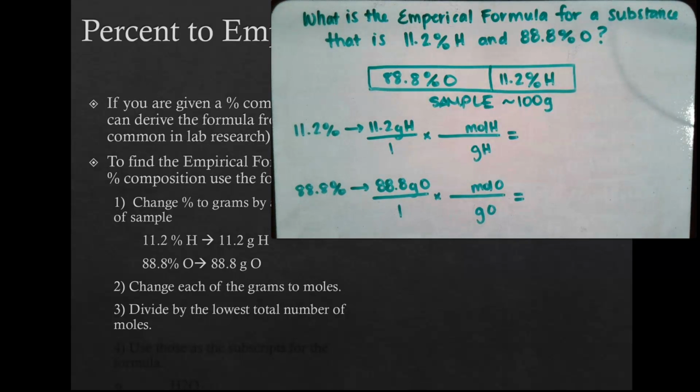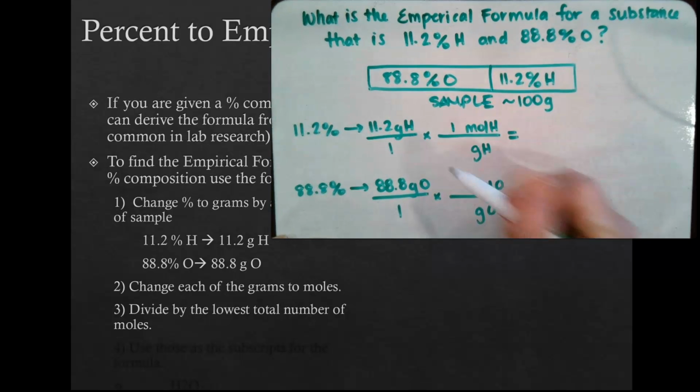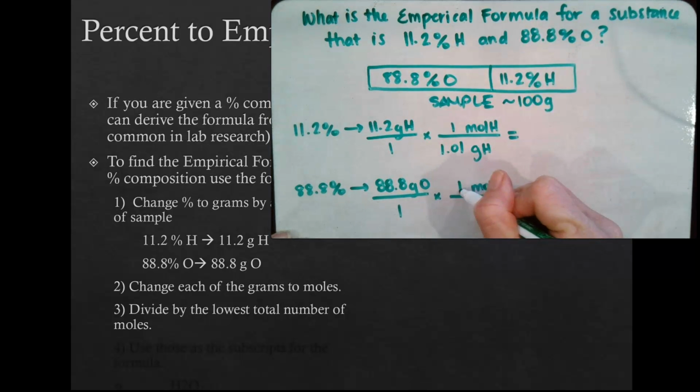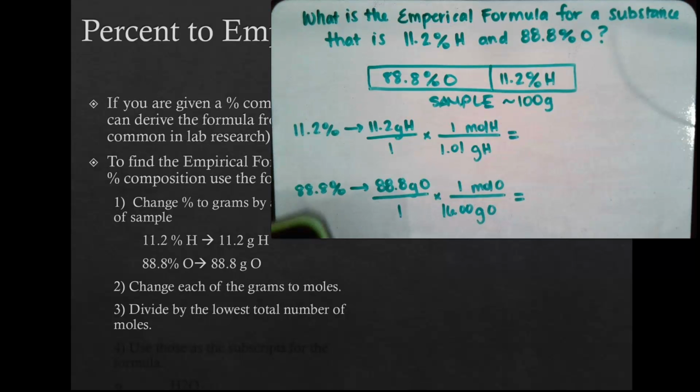Our next step is to fill in the molar mass of a single hydrogen or a single oxygen, so we're just looking it up on the periodic table. 1 mole of hydrogen is 1.01 grams of hydrogen, and 1 mole of oxygen is 16.00 grams of oxygen.